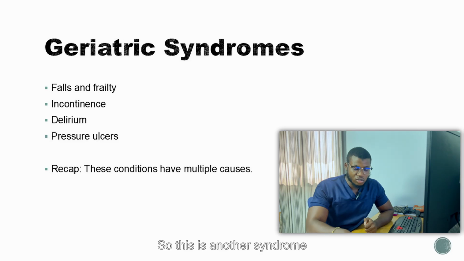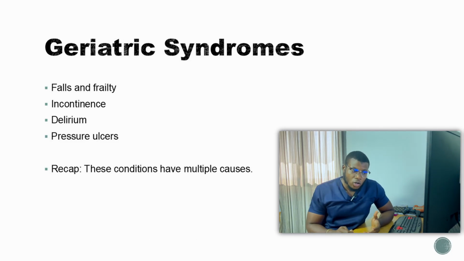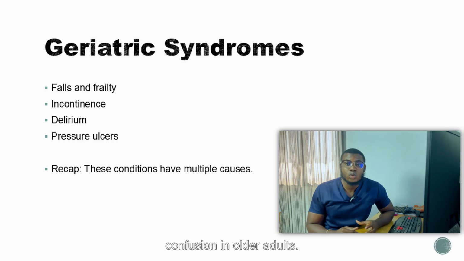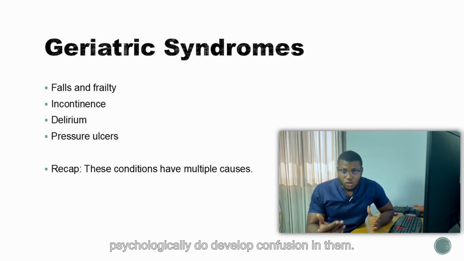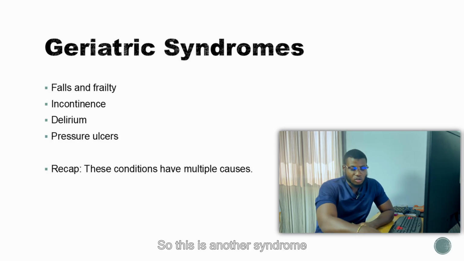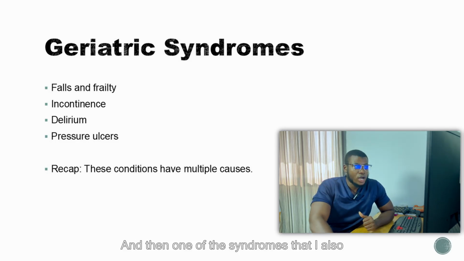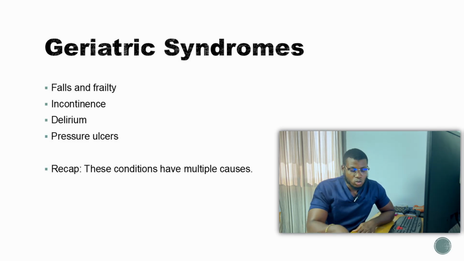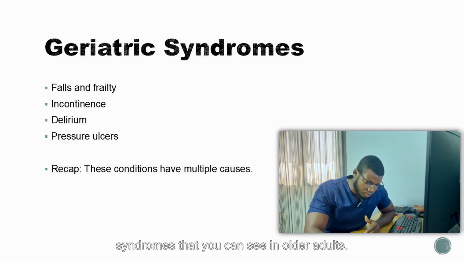Another one that you can see is delirium, confusion in older adults. Older adults psychologically do develop confusion. And one of the syndromes that I also added here is pressure sores. Pressure sores is also one of the syndromes that you can see in older adults.